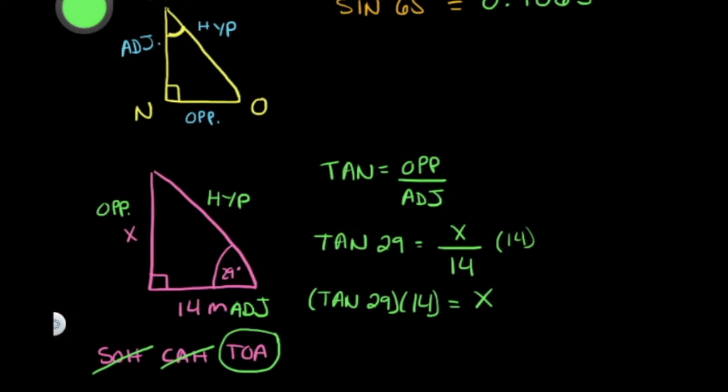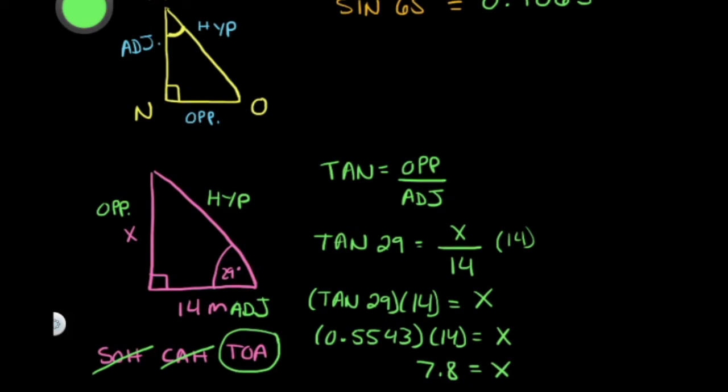If you type tan 29 into your calculator, you should get 0.5543, and then times 14 equals x. So 0.5543 times 14 should give you 7.8 equals x. So now we can write our therefore statement.